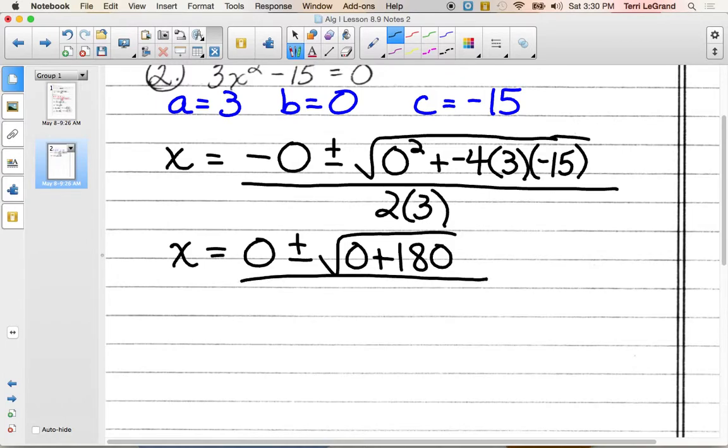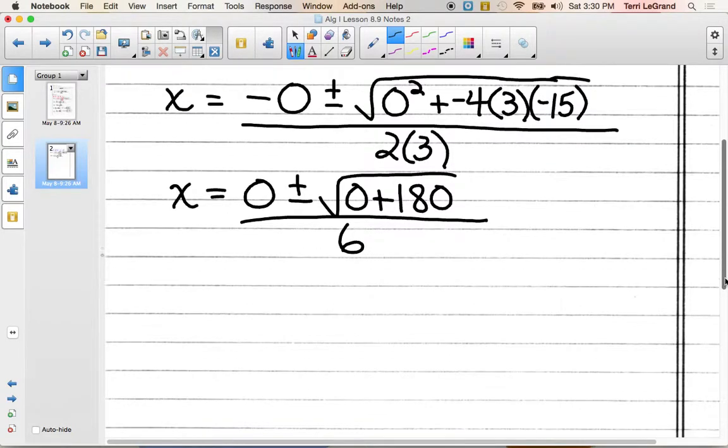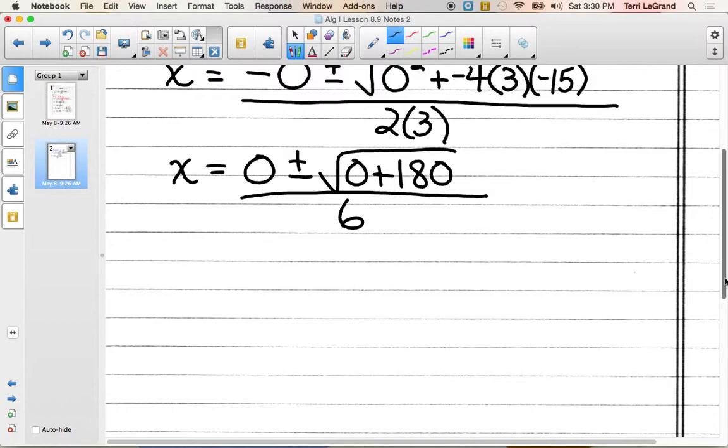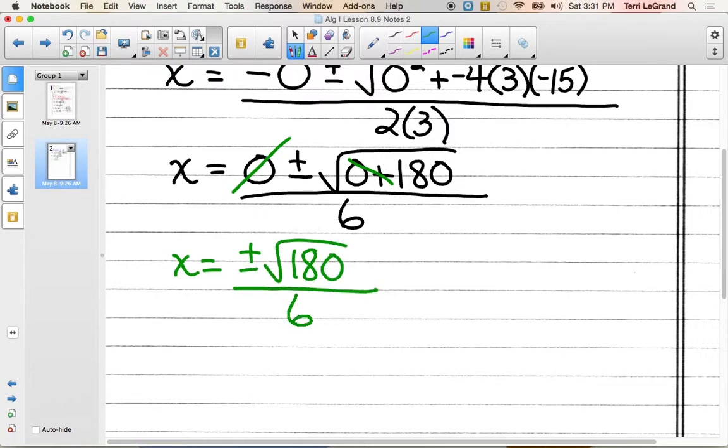And downstairs, 2 times 3 is 6. Okay. That 0 that's in the beginning is useless, so we're actually just going to ditch it. This 0 plus 180, that's pretty useless, so we're just going to ditch it. So we really have here x equals a positive negative radical 180 divided by 6.